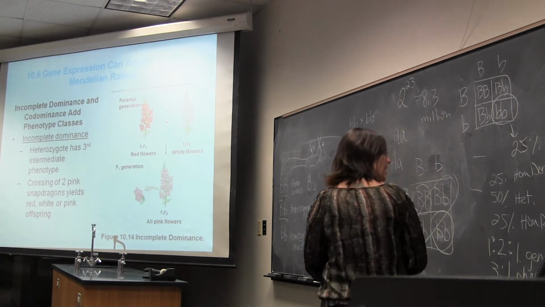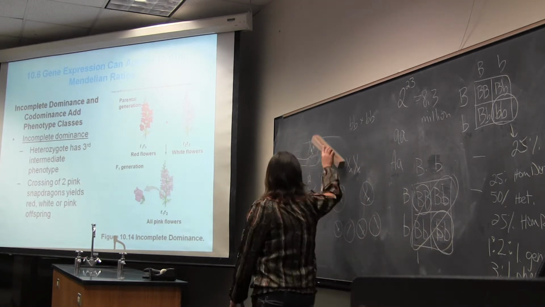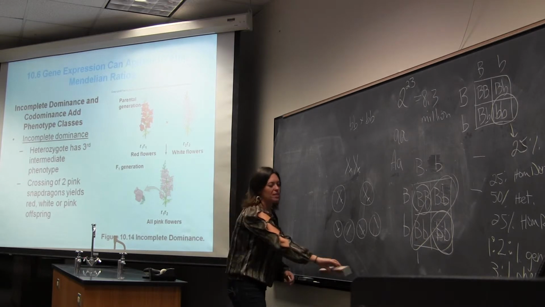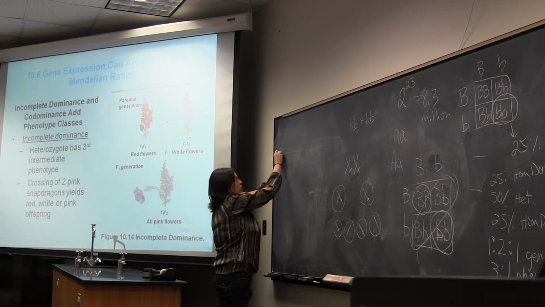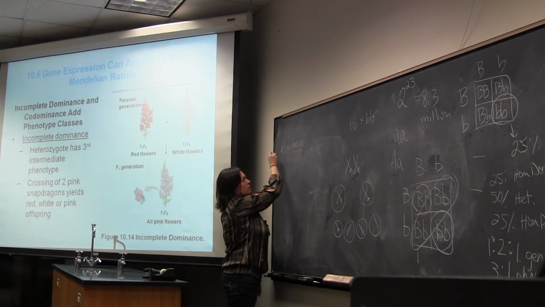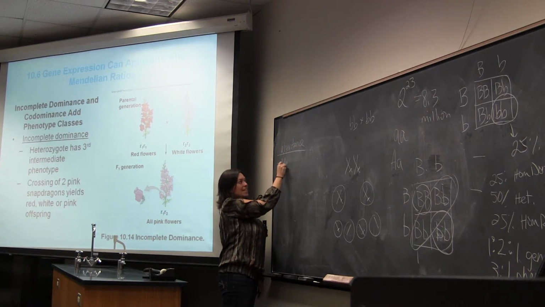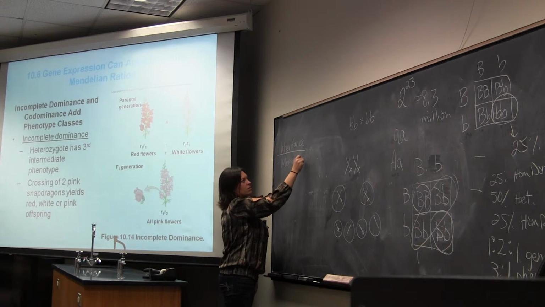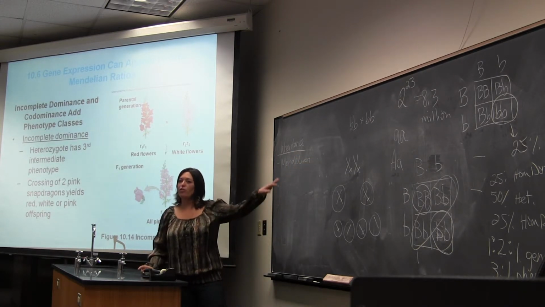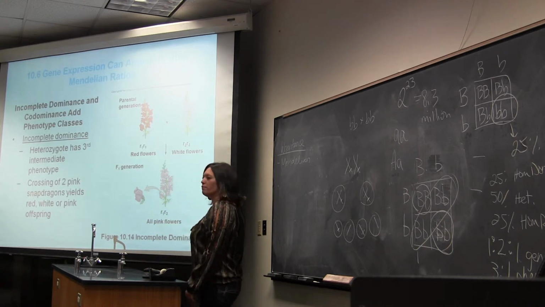We actually have other types of inheritance patterns that are possible besides Mendelian, and this chapter is focusing on different inheritance patterns. Mendelian is one inheritance pattern. For the rest, we're going to talk about other types of inheritance patterns.